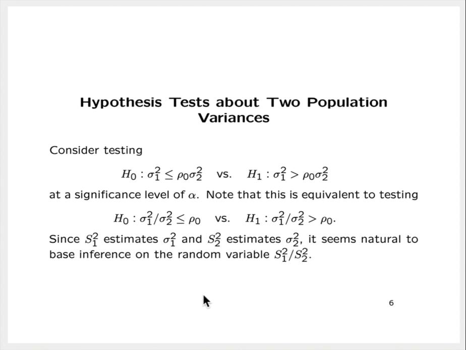And so it seems reasonable to base our inference on a random variable that mirrors the function of the two parameters that we are testing a hypothesis about, right? And so it makes sense to at least consider basing the inference on the random variable S1 squared over S2 squared.